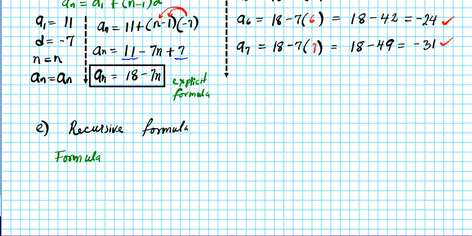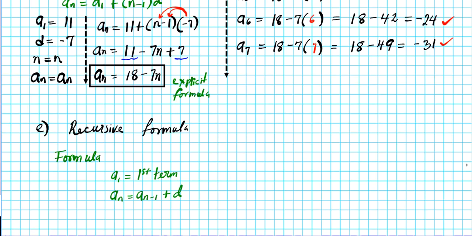It's comprised of two parts. You have the initial term, a1, which is going to be the first term, and you also have another component known as the recursive formula, which is a sub n minus 1 plus d. This is just for arithmetic sequences.